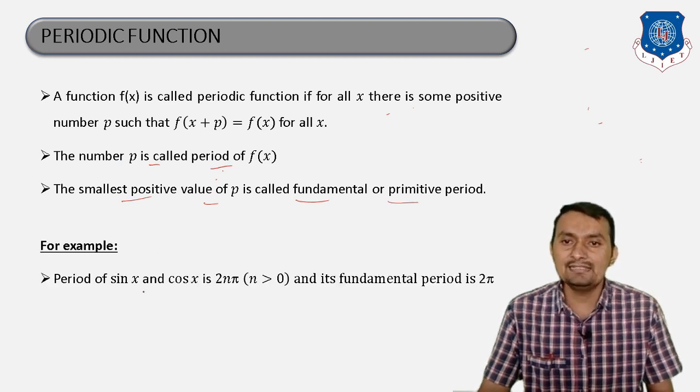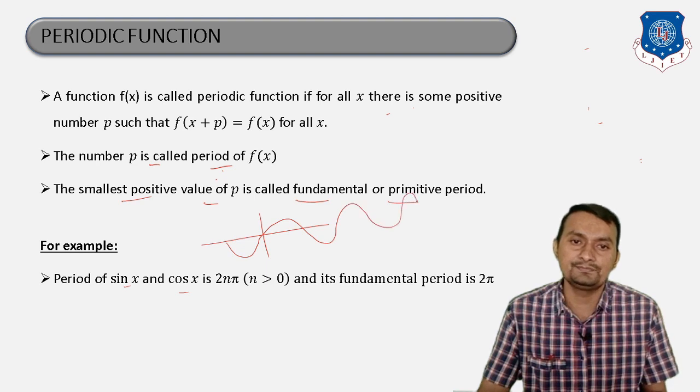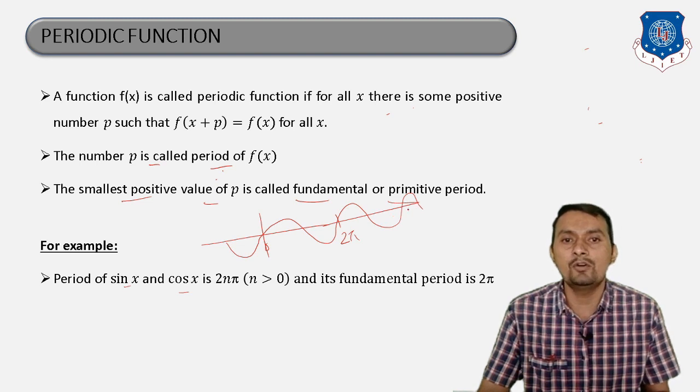So here, for example, sin x and cos x are 2nπ periodic functions, because we can observe that if I recall these functions, this is starting from 0, ending here at 2π. Again it is going to be 4π. That means one cycle is finished here, another cycle is finished here.